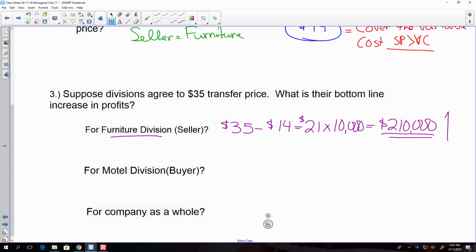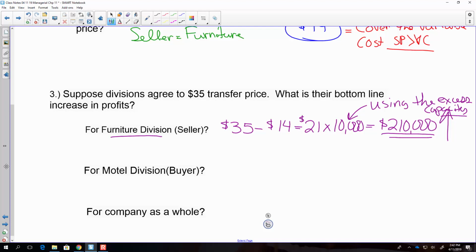So my profit's going to go up 210 by simply selling internally using the excess capacity, right? So I'm using the excess capacity, which is always good. So my machines are not idle sometime through the year.